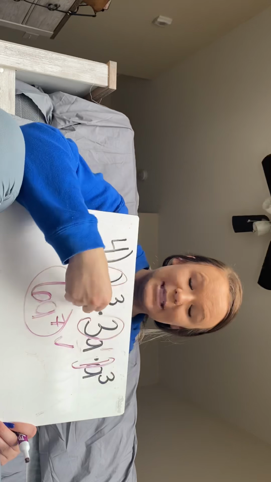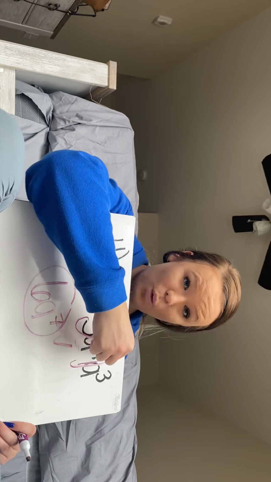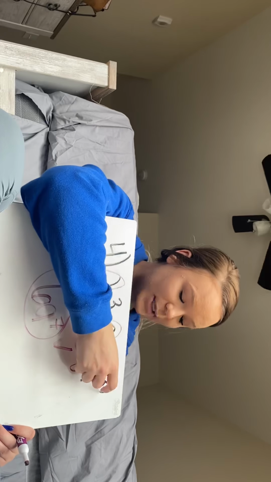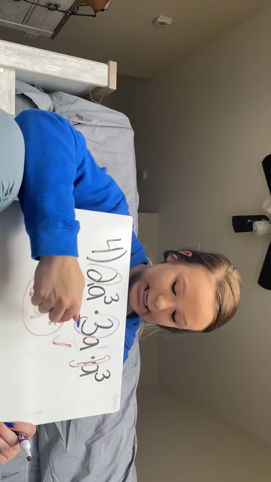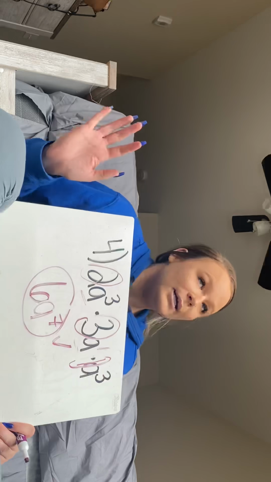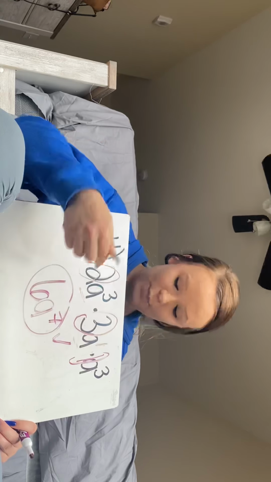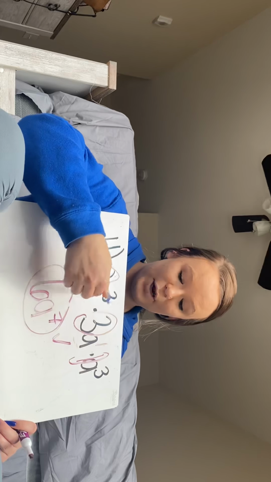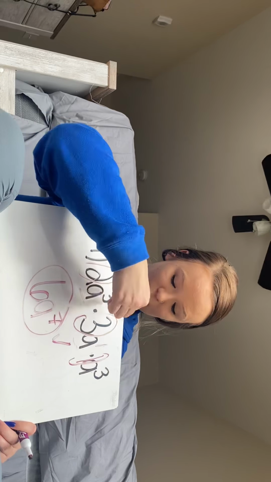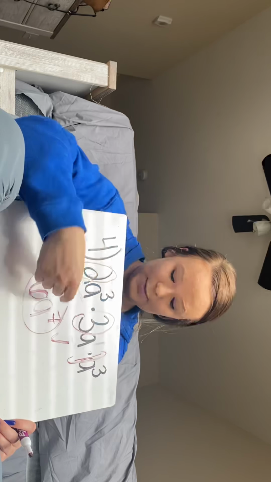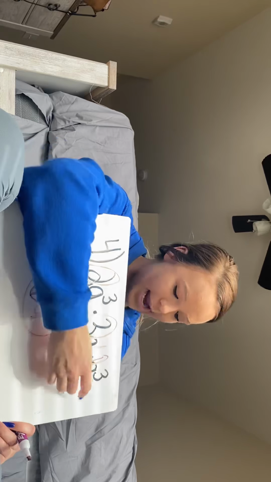We have 3 a's here, so that's 3 plus 1a, that's 4 a's, plus another 3 a's is 7 a's, and that's how we get a to the 7th. I know that's hard to wrap your head around, okay, but you're going to multiply the numbers just like normal. But when you multiply the variables with exponents, you have to add the exponents, because you have 3 a's here, 1a here, and 3 a's here, and that's 7 in total.